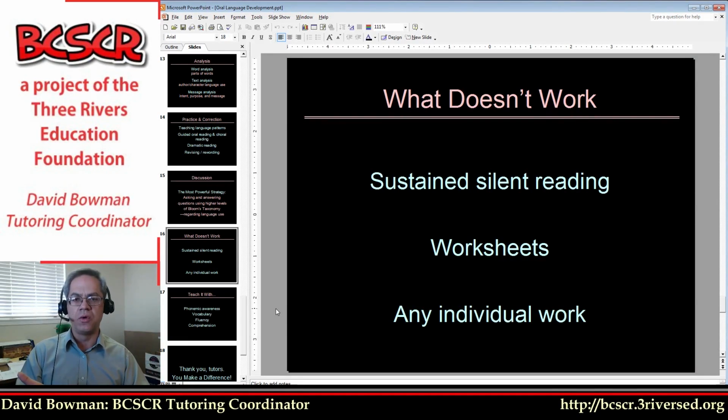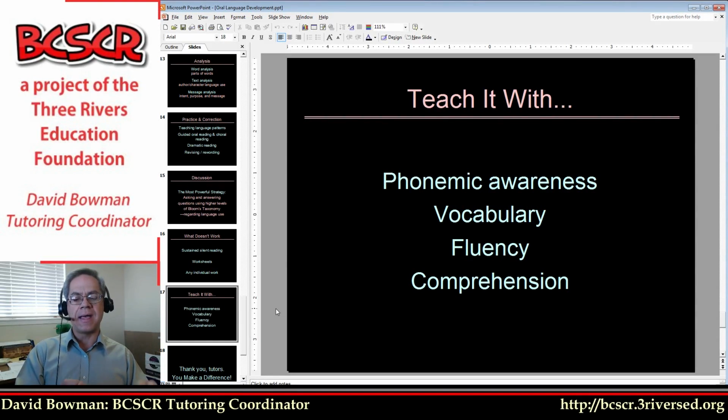And certainly for a tutoring environment, you've got an opportunity to provide direct instruction and direct interaction with students, and you miss those opportunities if you have students doing sustained silent reading. Similarly, any type of worksheet activities or any type of individual work also does not help students to develop their oral language skills.